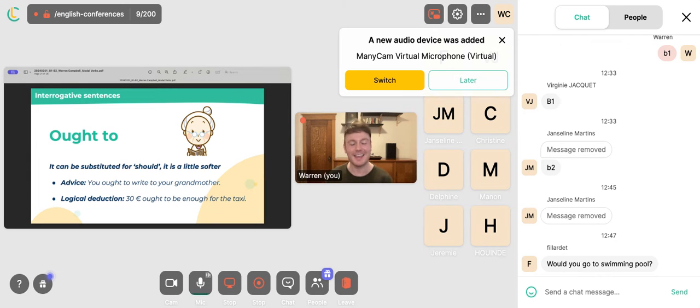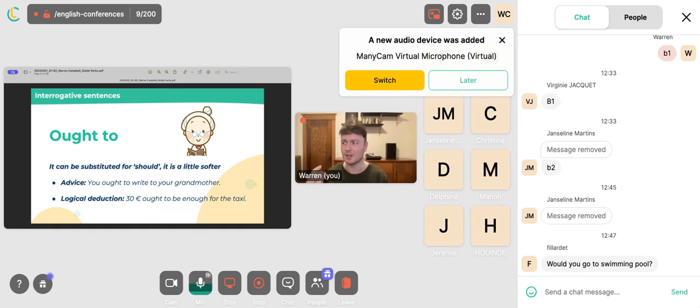So this one here, you may have heard this one before or you might not. So ought to, we pronounce this, it's not super common to use this in English nowadays. It's more common in maybe American English.